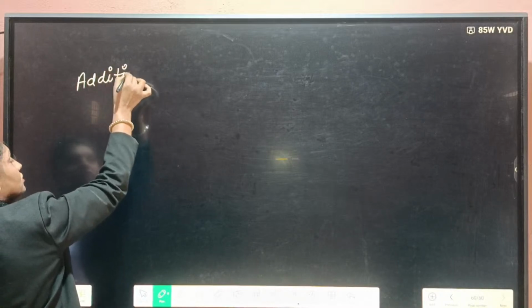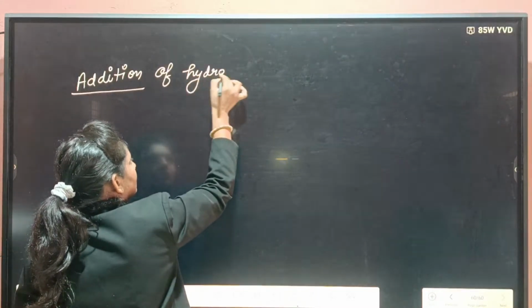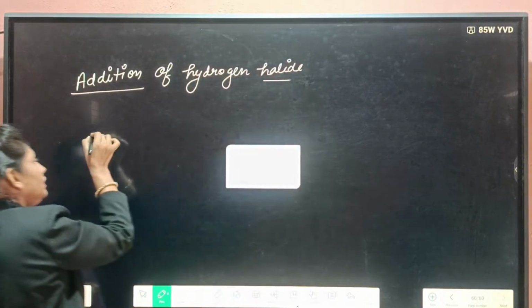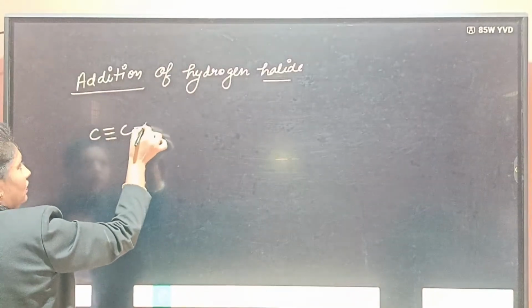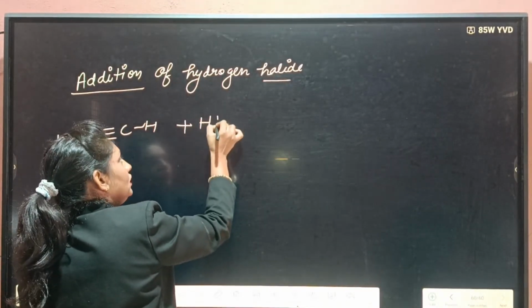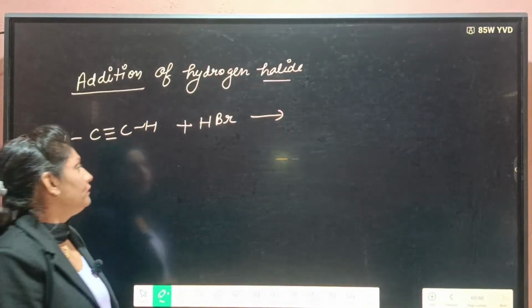Then students, some more reactions you can do. Addition of hydrogen halide. You have ethyne. If you react it with any hydrogen halide like HBr, then what will happen?